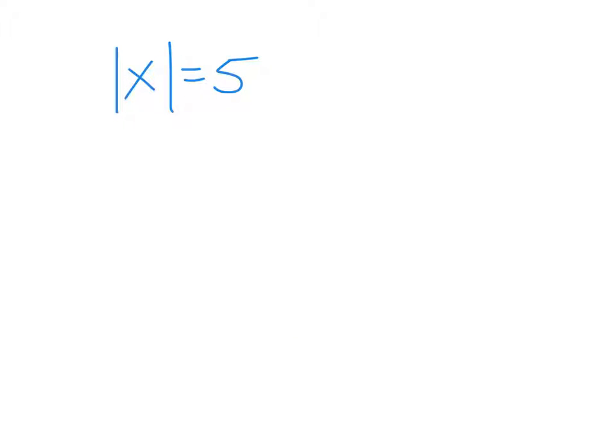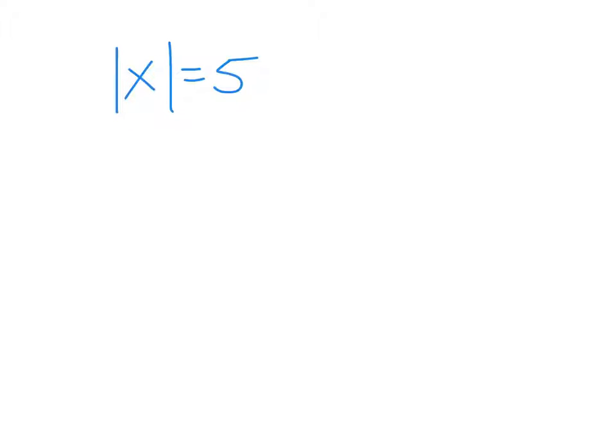So let's think about what that means in practice for an equation. Again, any equation, you're just solving for the variable. And a basic way to think of an equation is any value that works is an answer. And so if you think of something like this, and you need to come up with a true statement, you're saying, well, what values can I plug in for x that will produce 5?